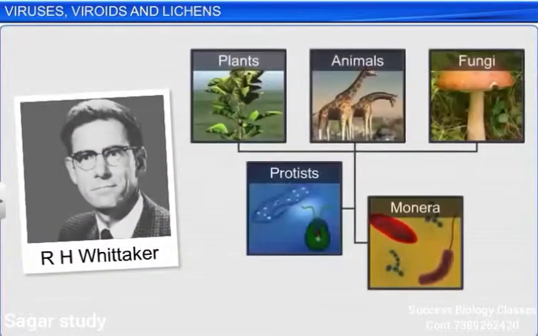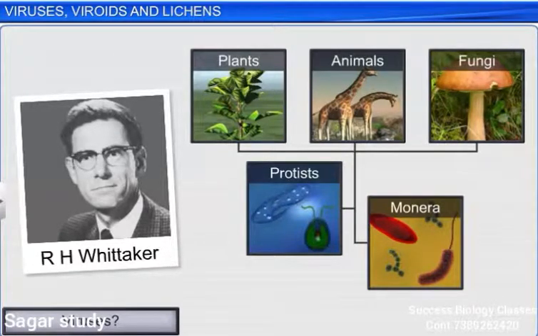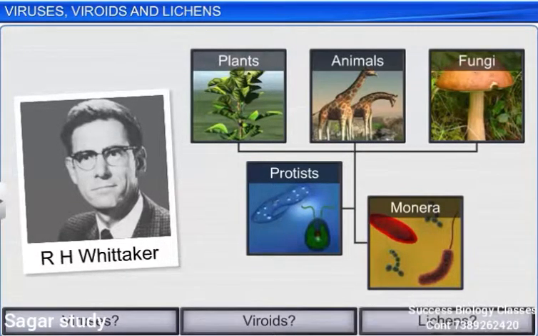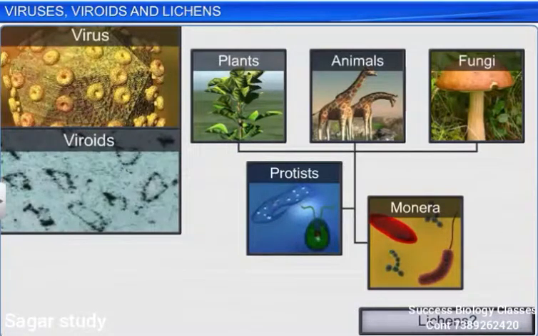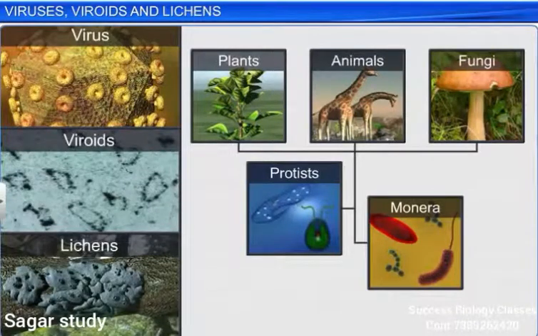R. H. Whittaker's five-kingdom system of classification did not take viruses, viroids and lichens into account. Viruses and viroids are acellular organisms.